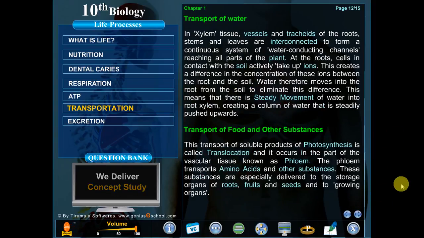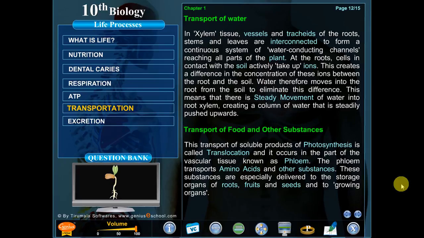Transport of water. In xylem tissue, vessels and tracheids of the roots, stems, and leaves are interconnected to form a continuous system of water conducting channels reaching all parts of the plant. At the roots, cells in contact with the soil actively take up ions.